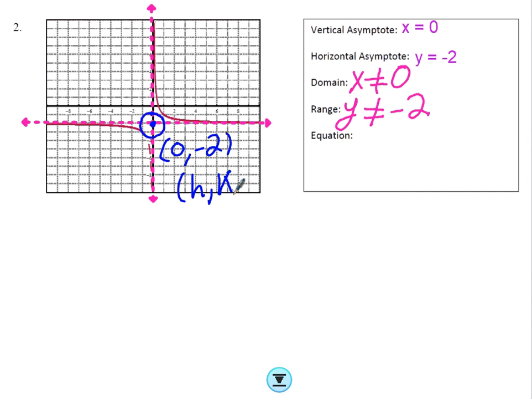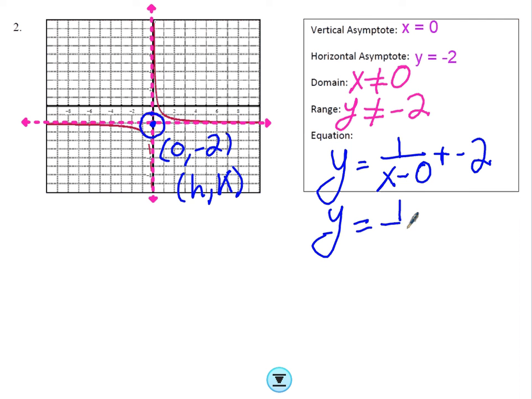That is my hk. So y equals 1 over x minus 0 plus negative 2. And again, I'm going to simplify this to y equals 1 over x, because that 0 can go away. And then my plus a negative is the same thing as a minus, so minus 2.